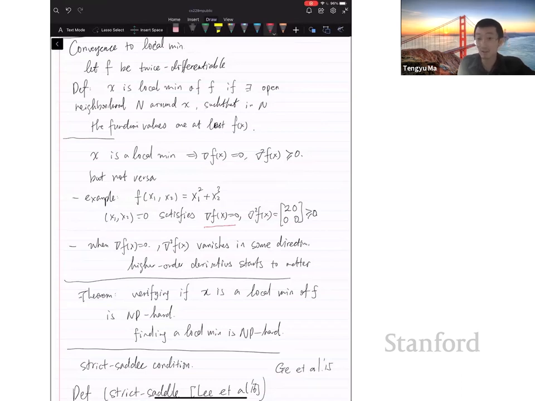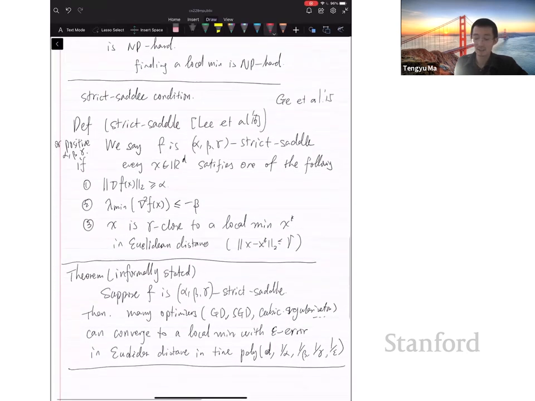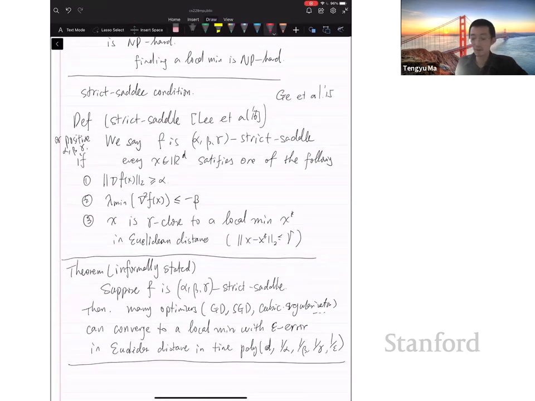So you have some direction with potentially negative curvature, or flat curvature, or potentially bad third order derivatives, and these are kind of saddle points. That explains the name. In other words, the condition says that if you are at a saddle point, you can tell it's a saddle point from the negative curvature.